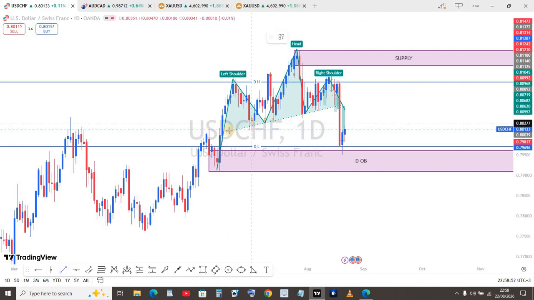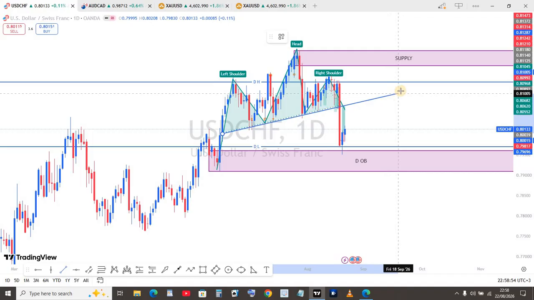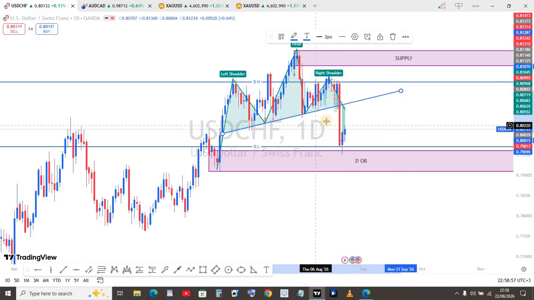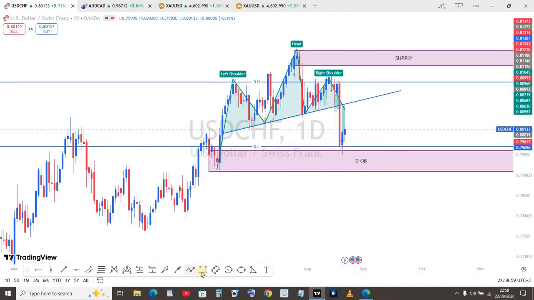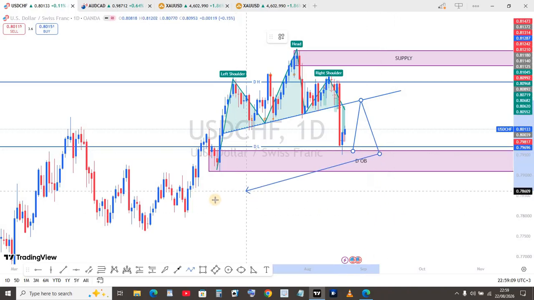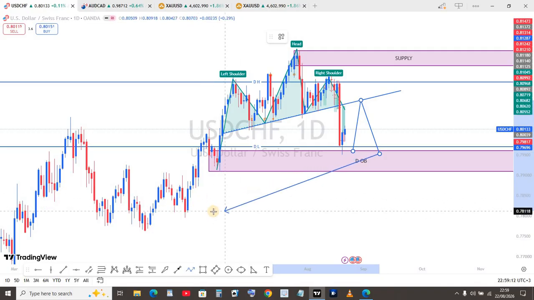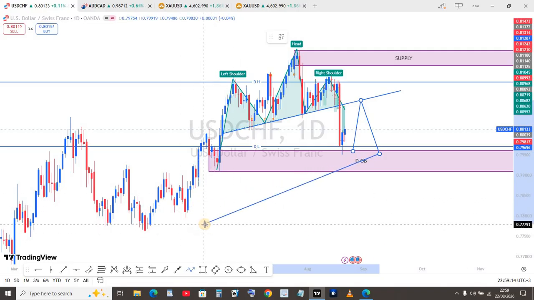This was our neckline which got broken. So I'm anticipating to see a pullback from this order block to this neckline before continuing to come back to this order block and test it, or to go further down here and aim for more downside.